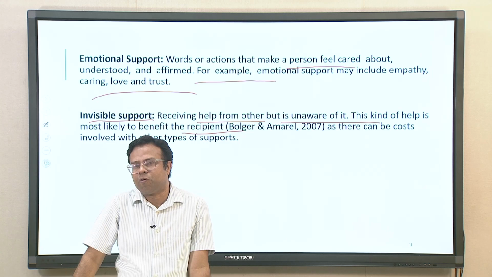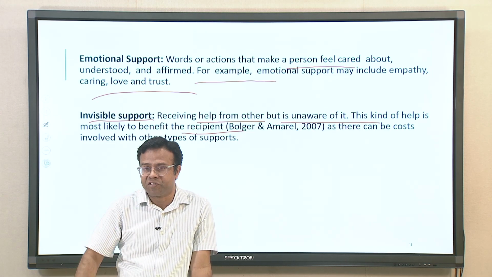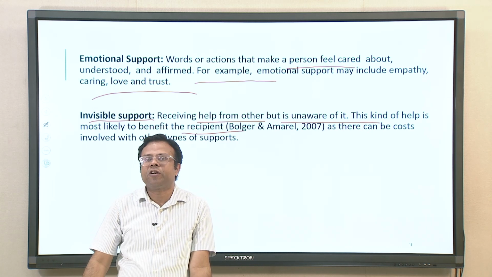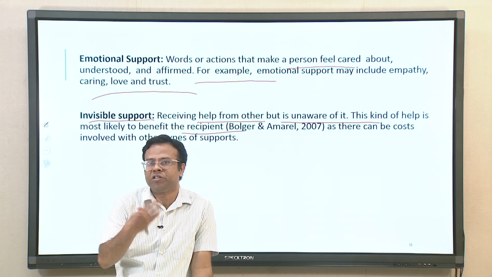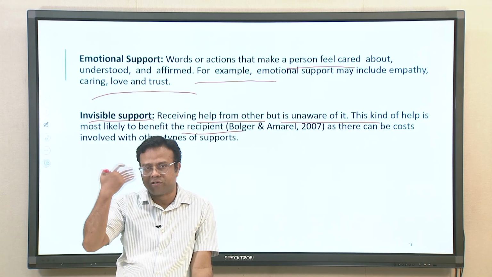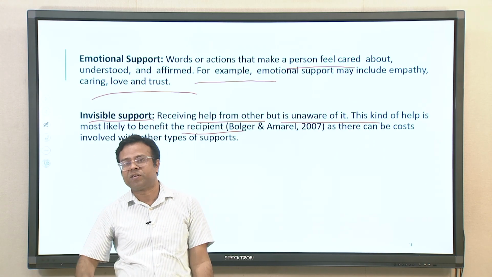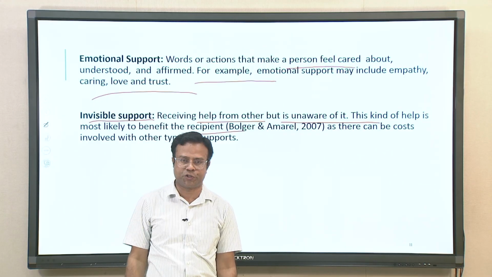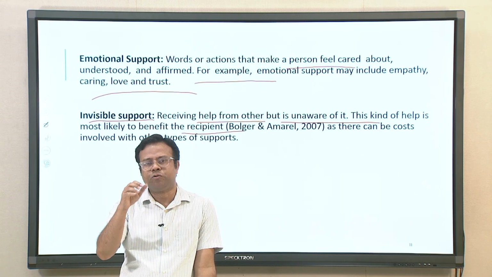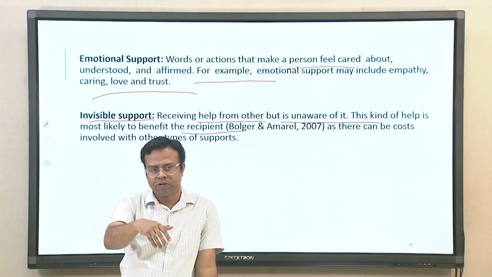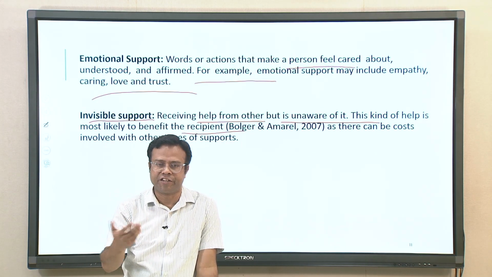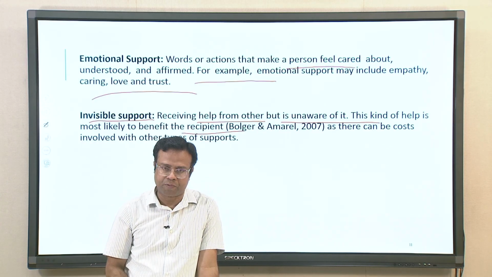This kind of support benefits people significantly, as it may not include any kind of cost, because you do not know who the person is and you may not need to return the favor, because the person who gave support is anonymous. It may include other types of support, but the person giving support, you may not be aware of his identity. That is called invisible support.